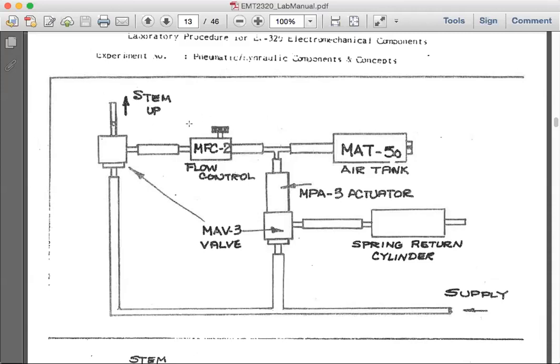Since the arrow on the flow control points to the left, this part with the air tank, which has a greater volume of pressurized air, due to the installation of the tank, is depressurizing slowly, because flow control dramatically reduces the speed of the pressure. So in this case, we have the air venting slowly due to the flow control.